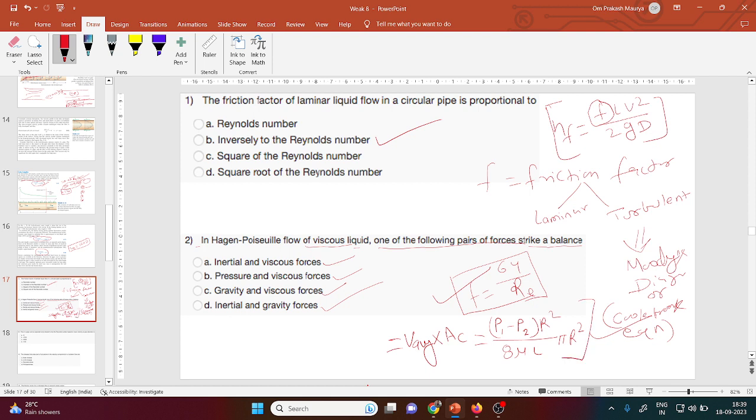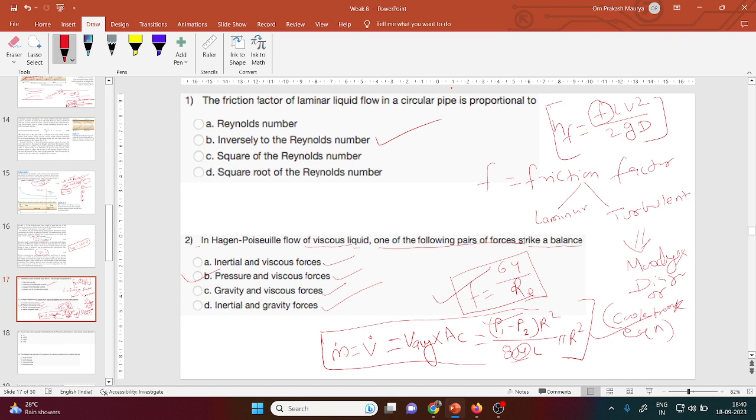This is the equation for mass flow, or you can say m dot, the Hagen-Poiseuille flow equation. In this equation, the pressure and the viscosity terms are there. So basically, option B is correct for this question.